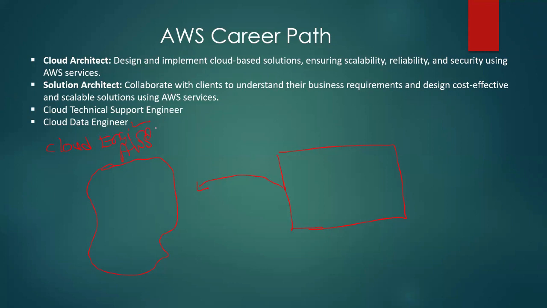A cloud engineer will be using specific services inside AWS, so they may be involved in creating EC2 instances, and maybe writing a Lambda function using Python in AWS. So these are entry level jobs for freshers. As a fresher, you can work as a cloud engineer or cloud technical support engineer.